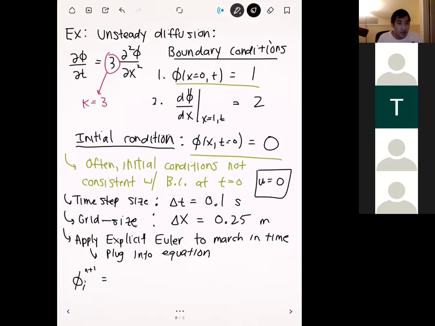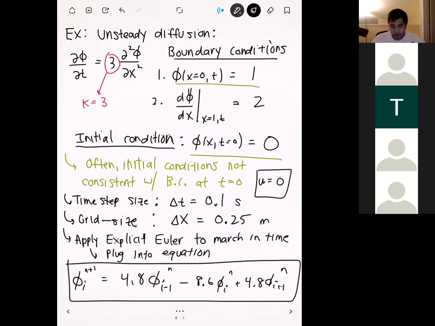And so remember, for a time marching scheme, we're always going to have an equation for phi i at n+1. We start with the phi i minus 1 term, and the coefficient is going to be 4.8, and then we have a coefficient of 8.6 in front of phi i n, and then another coefficient of 4.8 on phi i plus 1 n.